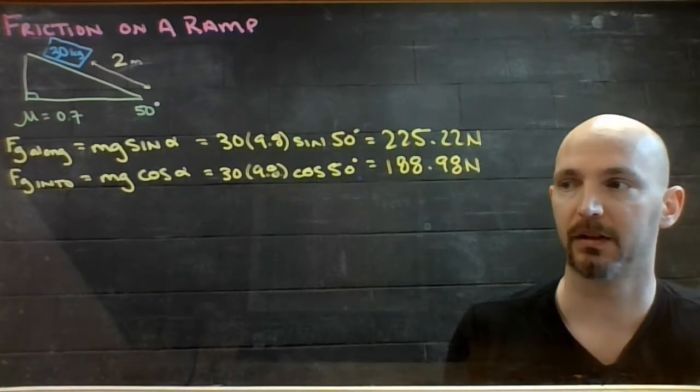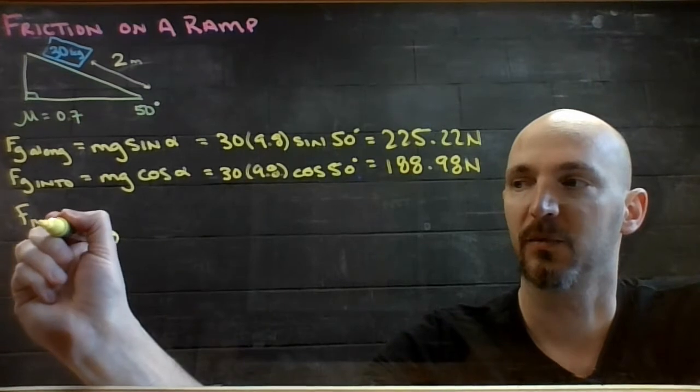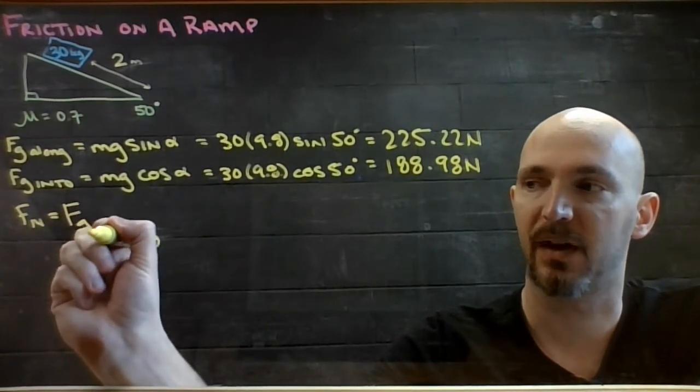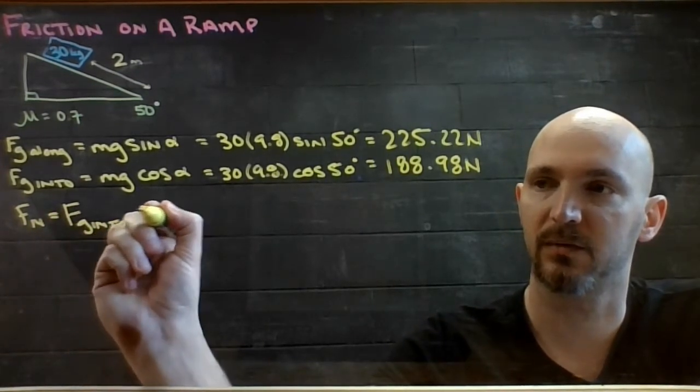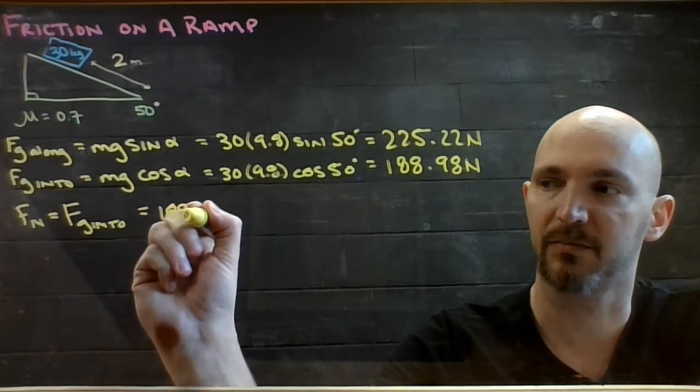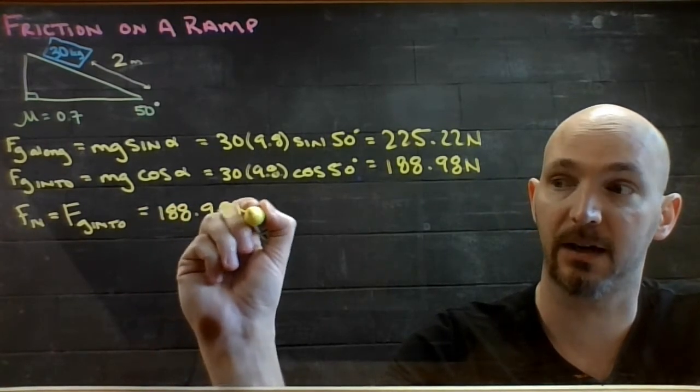All right. The normal force is the same as the force of gravity into the ramp, which is 188.98. We already did that one.